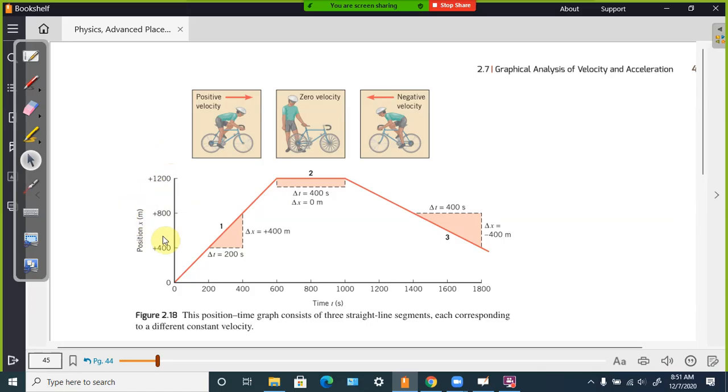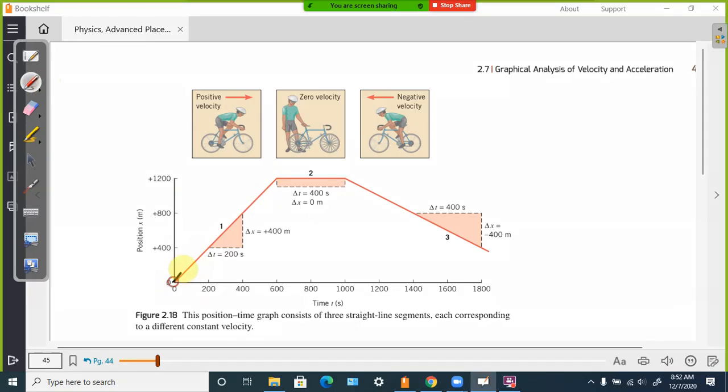Or we could simply look at the slope of this line right here. That slope is going to tell you what the velocity is. Now, you're going to say, but wait a minute, all they did was take 400 over 200.